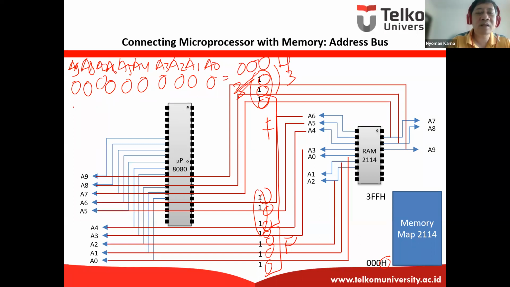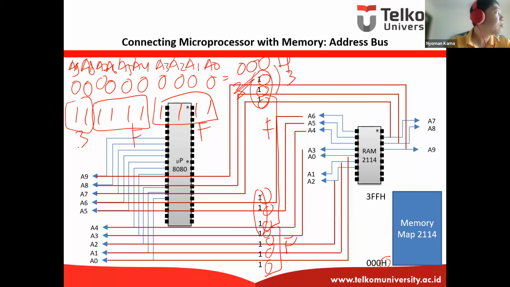And then the last address is when everything is 1. This one is F, this one is F, this one is 3. So the address is 3FF. That's the last address of the memory.